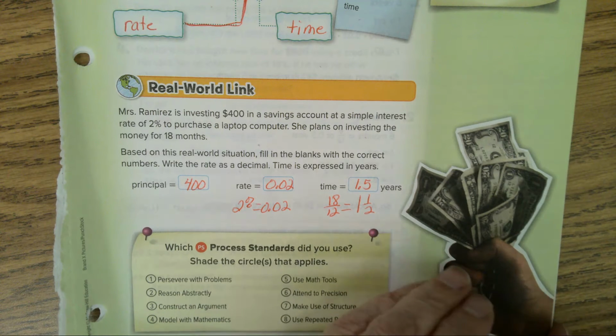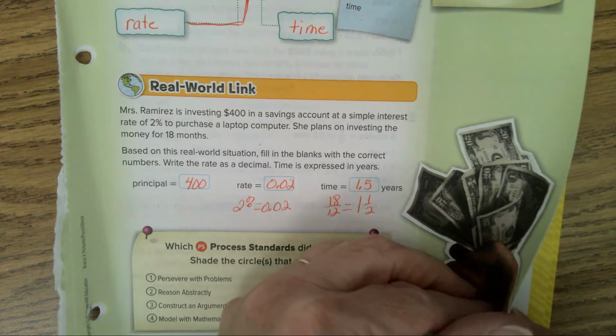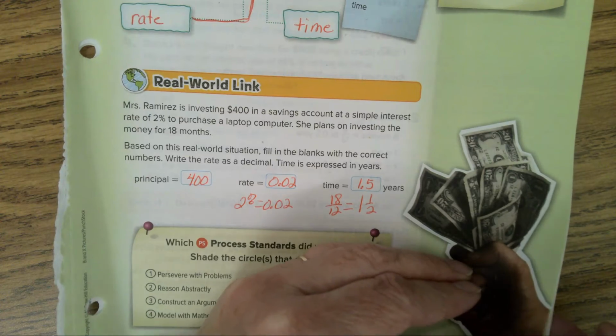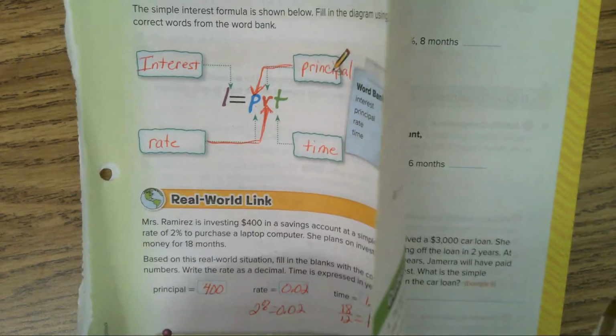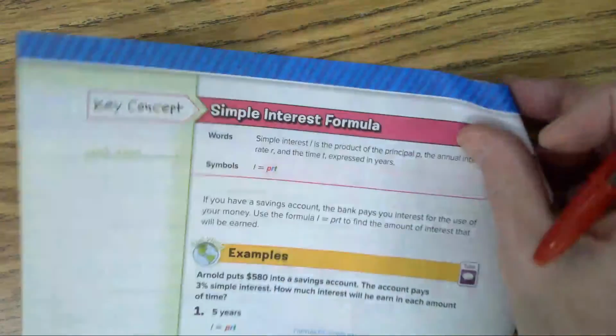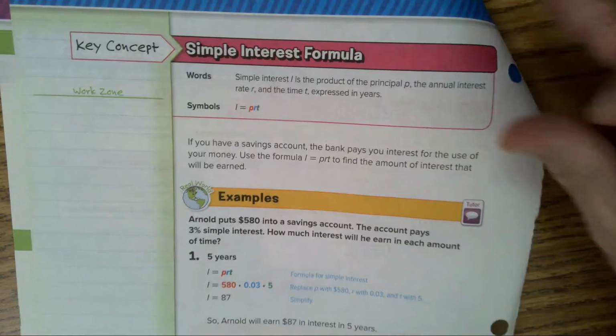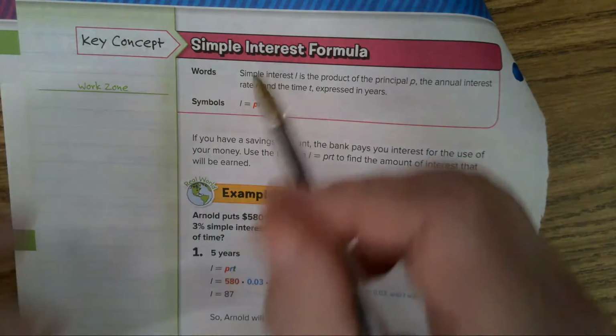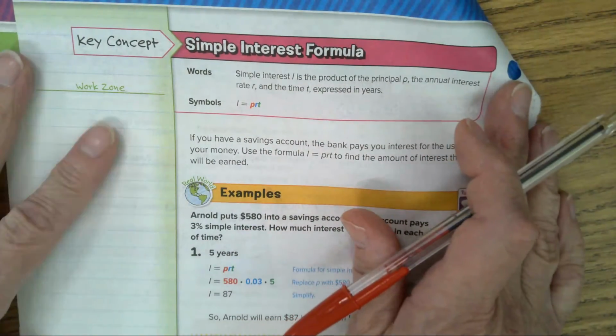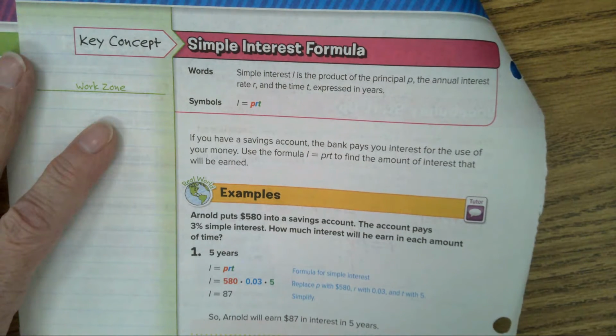Now let's turn to page 168. Simple interest formula. It says the simple interest I is the product of the principal, the annual interest rate, and the time expressed in years. So to figure out your interest, you take principal times rate times time.